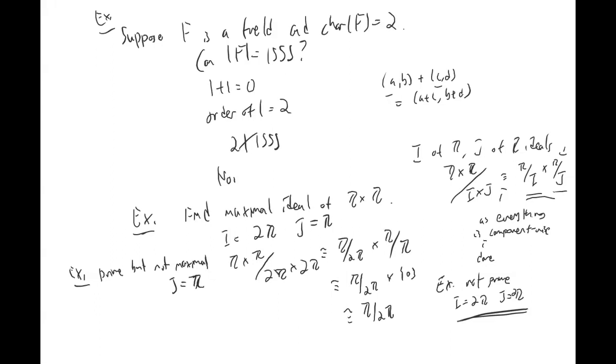I guess, is the zero ring prime? Let me think. No, it's not, because don't they define integral domain as a commutative ring with unity where one is not zero?